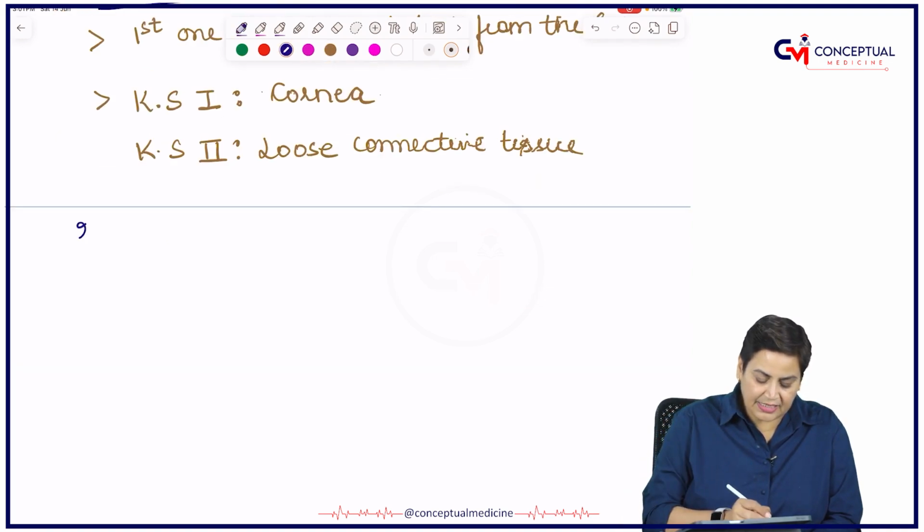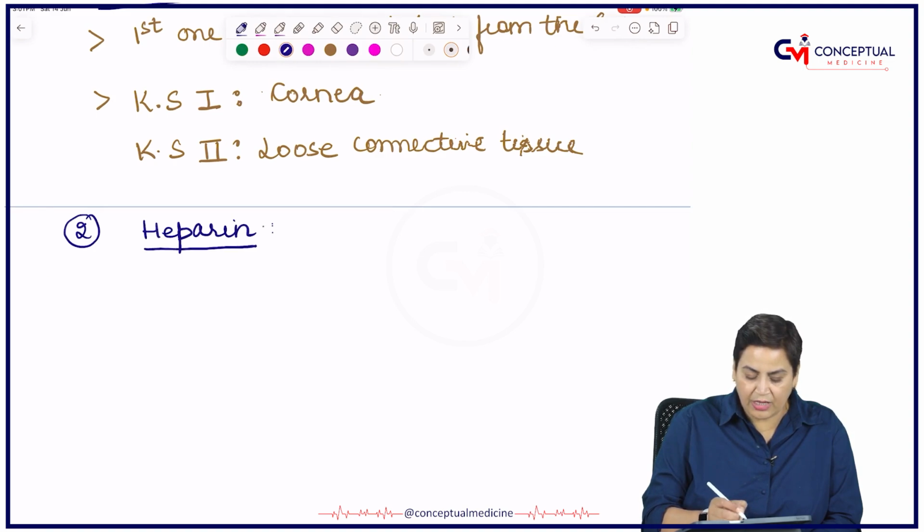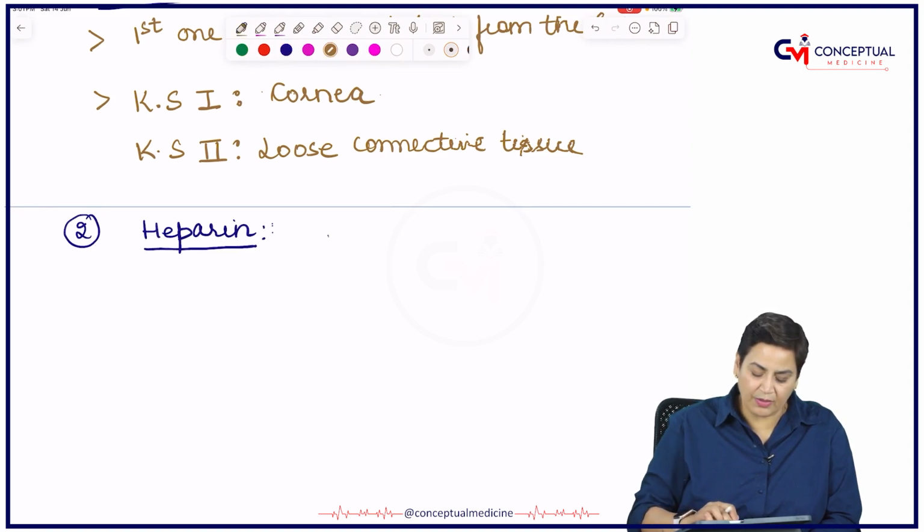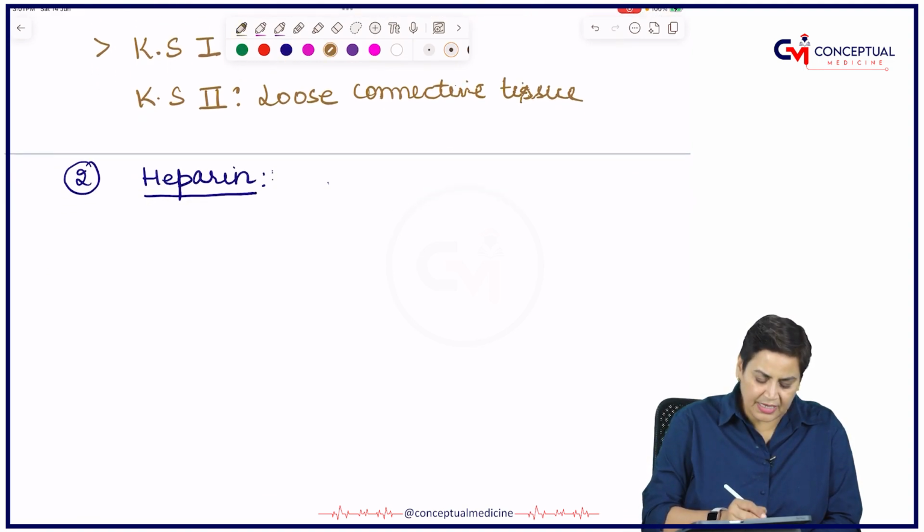Then second is heparin. If we talk about heparin, we know what its important properties are. The most important one is that it is the only intracellular GAG.